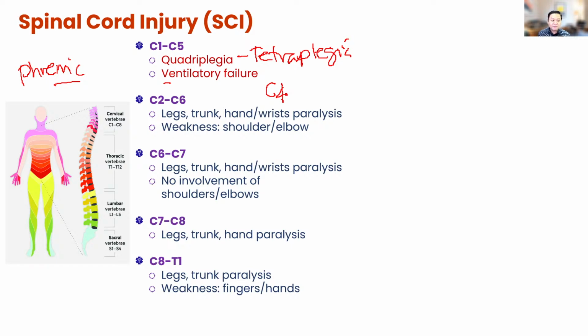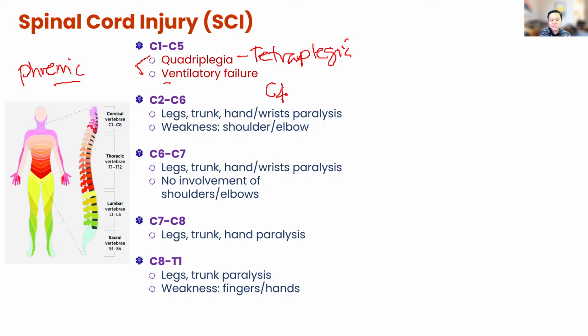If the injury is targeted above the C4 level, it can really lead to more paralysis of their breathing, and also the tetraplegia, or quadriplegia. Take note of these two.